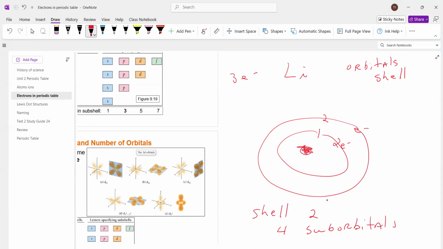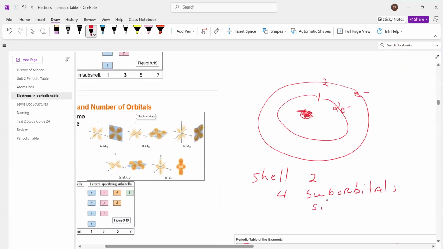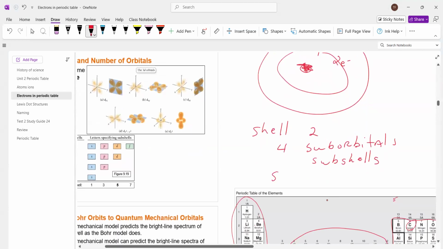And those suborbitals are called subshells. So shell 2, 4 subshells. Shell 1 has got 1 subshell. Shell 3 has got a whole bunch more, 9, actually. Okay, so we're going to work on the first 2 shells in the beginning here.